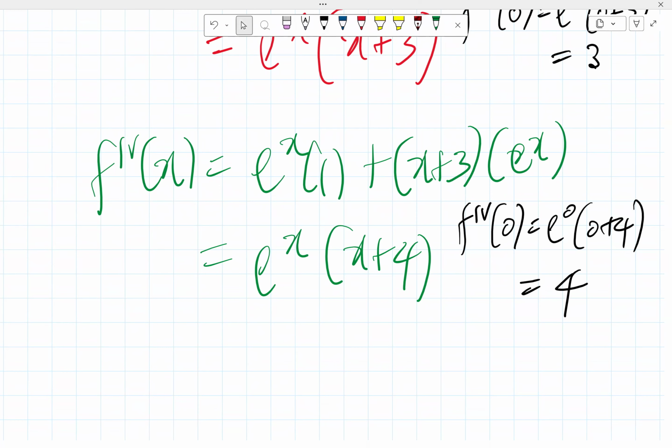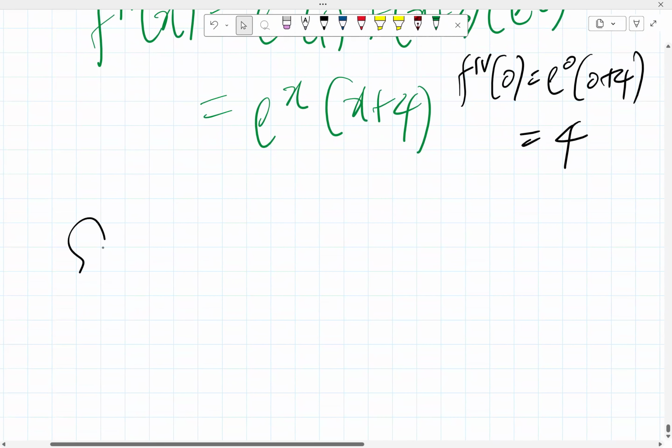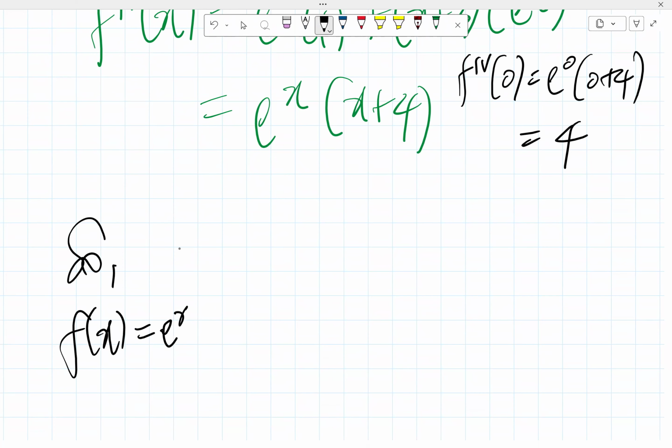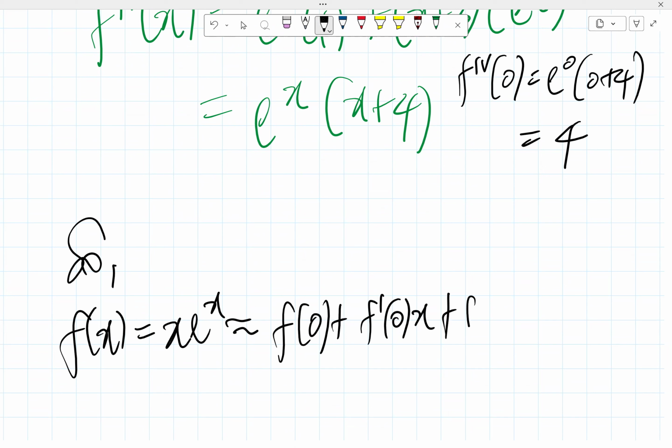So we can write out the formula now. So f of x, which is equal to x e raised power x, is approximately, so Maclaurin series, that's f of 0 plus f prime of 0 x plus f prime prime of 0 x squared all over 2 factorial.